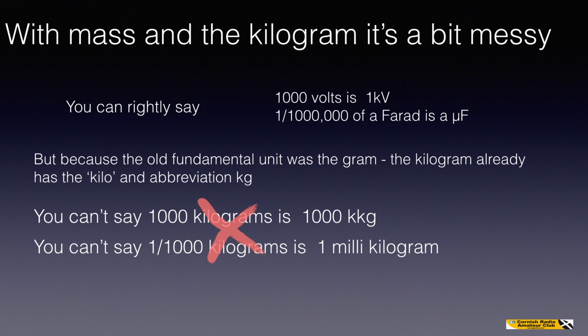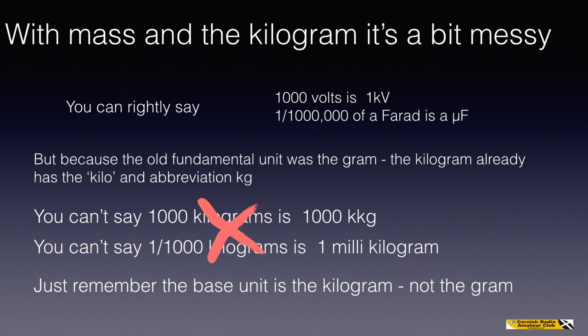So the main thing there is not to worry about it too much. Just remember that the base unit is the kilogram and not the gram. So this is got around by saying 1,000 kilograms is a ton, or a metric ton, and 1,000th of a kilogram is simply a gram.